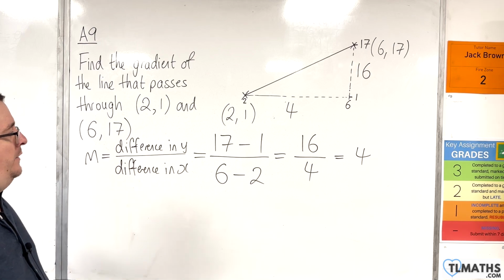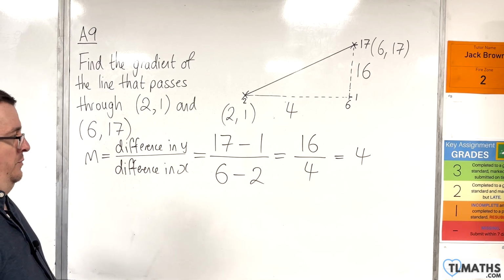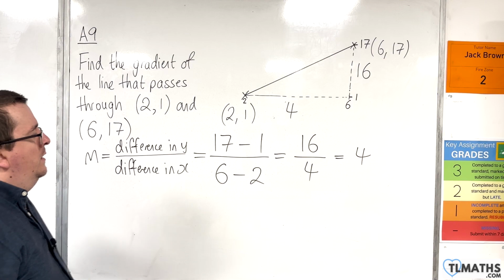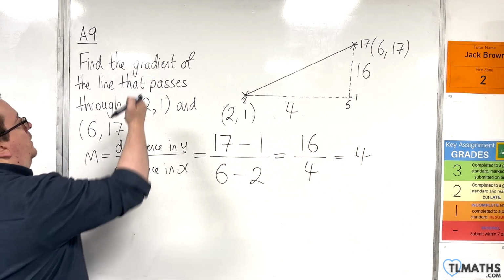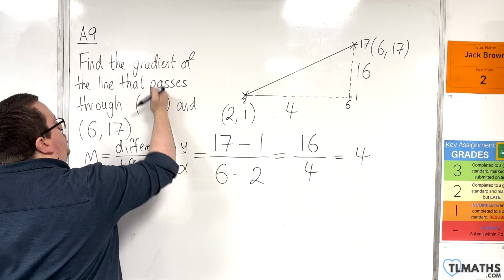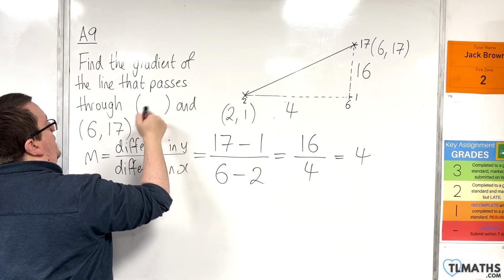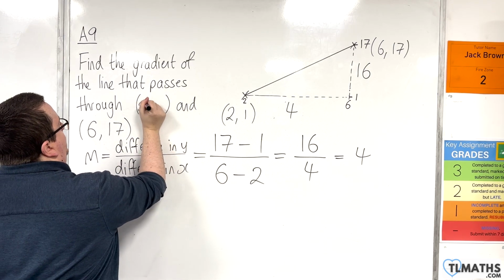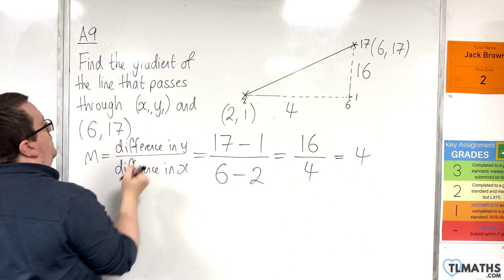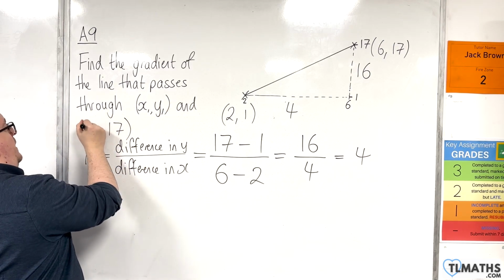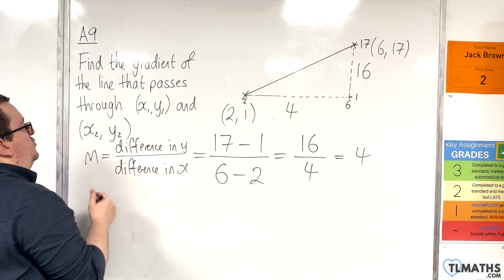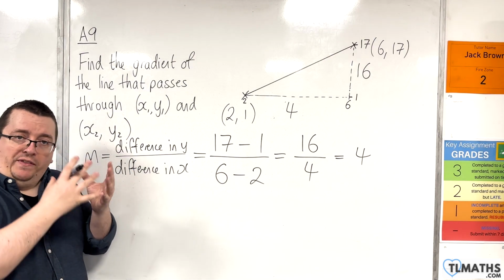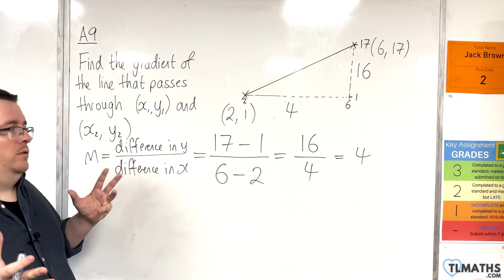But I'll leave that as a lingering thought. So if I had two coordinates that were generalized, so let's say I was looking at (x1, y1) and (x2, y2). So I've got two general coordinates, and they could be whatever coordinates you like.